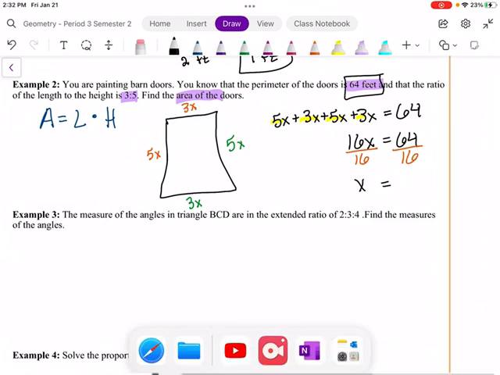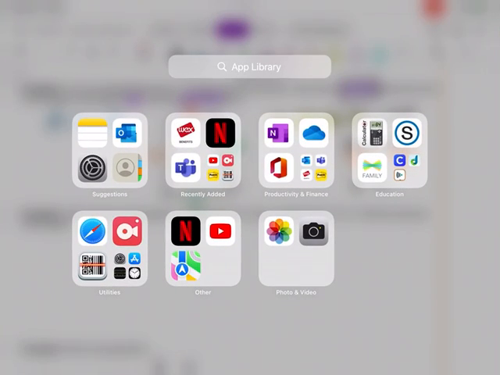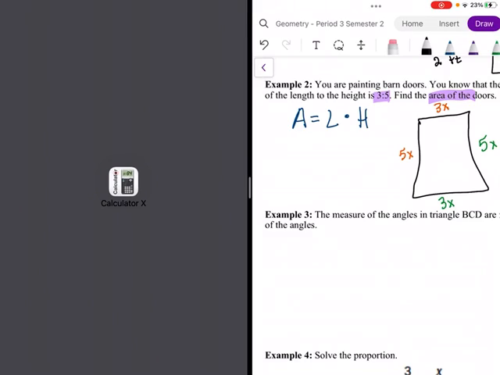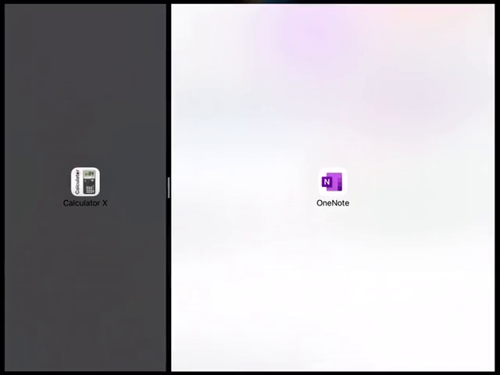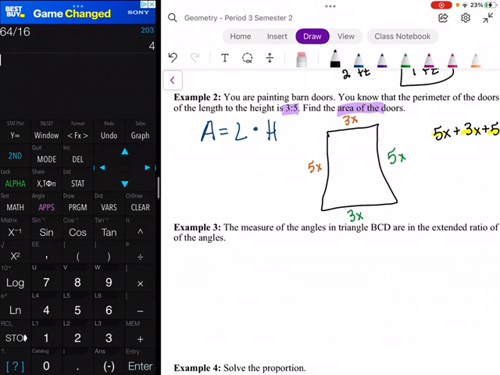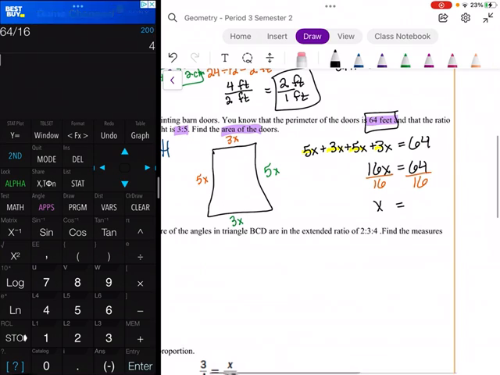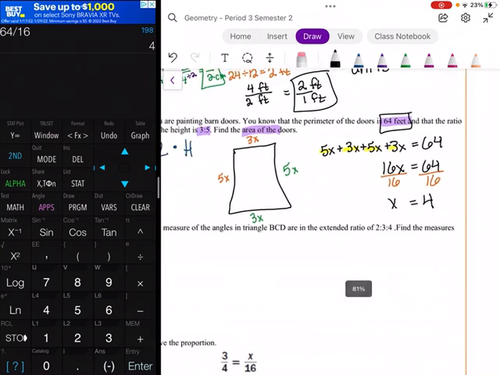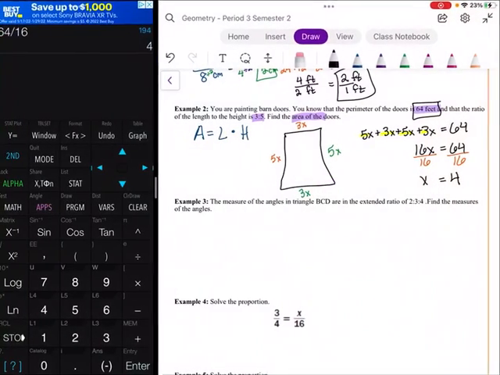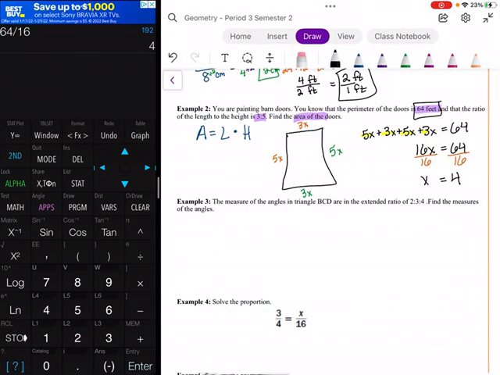And let me pull up my calculator really quick, just to make sure I get the right answer. So we're going to have 64 divided by 16, and that equals 4. So now we know what x equals. We still need to figure out what the length and the width is. So we're just going to take that x and plug it in.